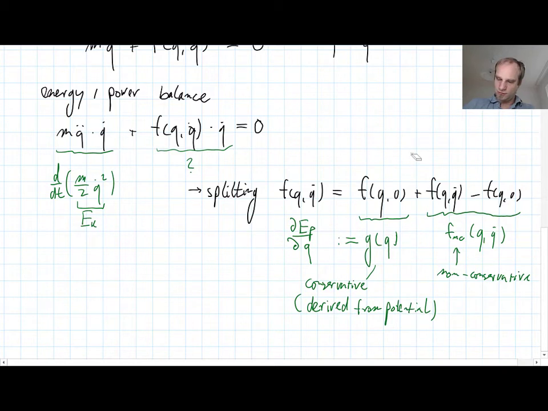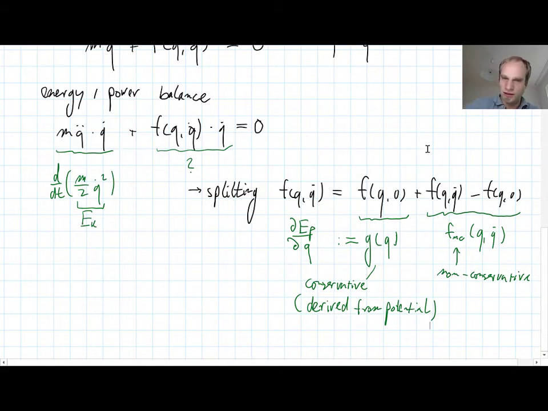And this splitting here is without loss of generality. One statement one can make here: why do I put the argument q dot to zero here? There's some ambiguity. I mean, the splitting works also for a non-zero value, but I want this non-conservative force to be zero if the velocity is zero. So at the equilibrium point, I want this term to be zero. Makes sense, right?